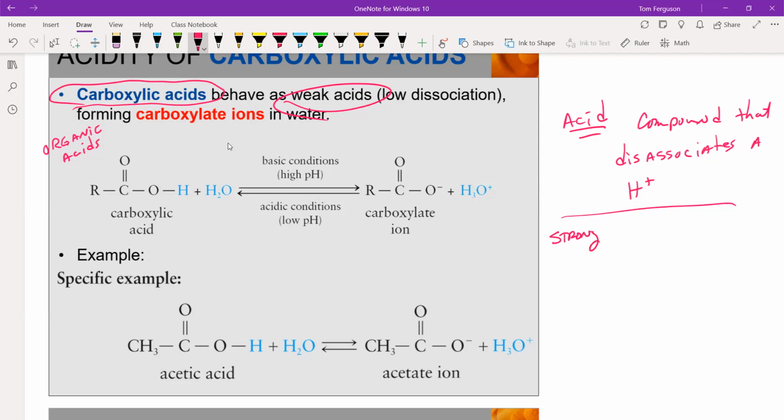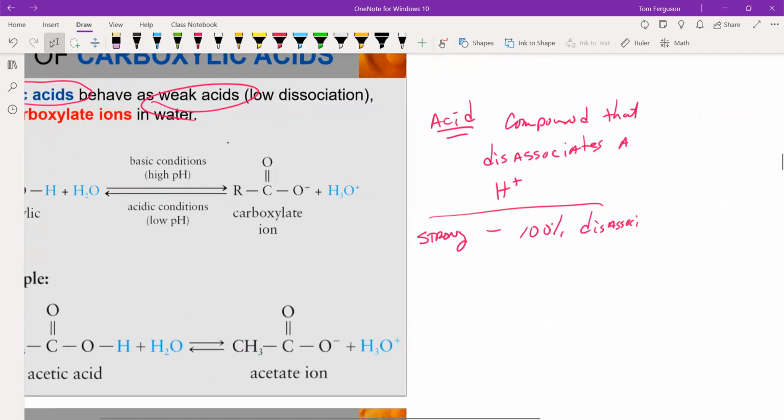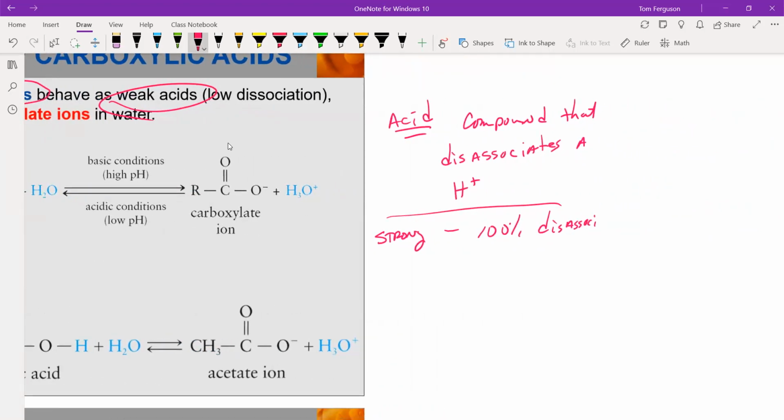You have strong acids, and you have weak acids, which is less than 100%.